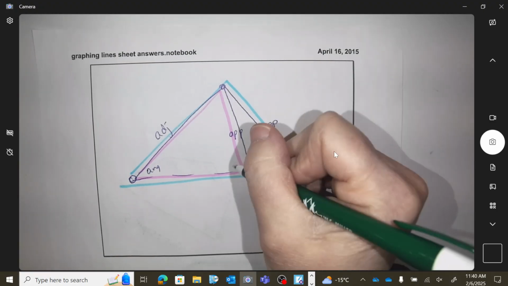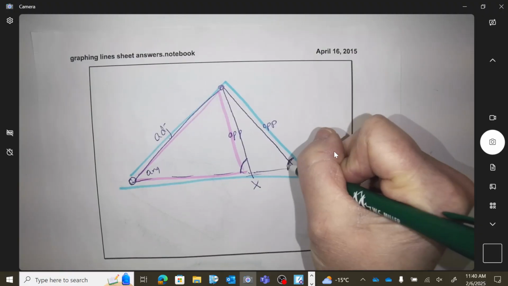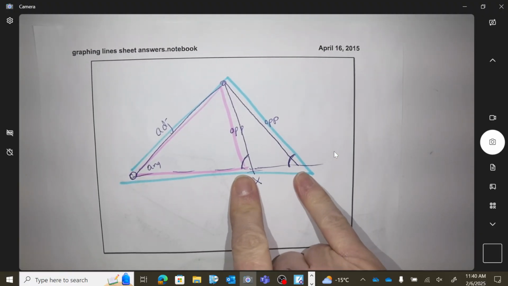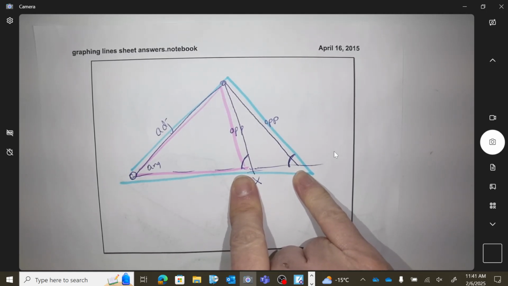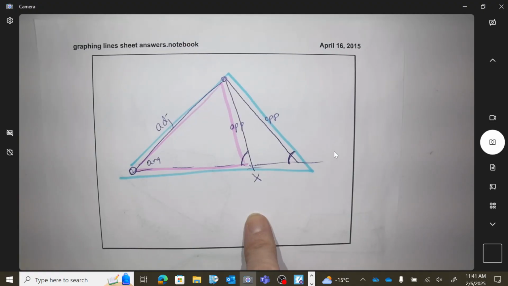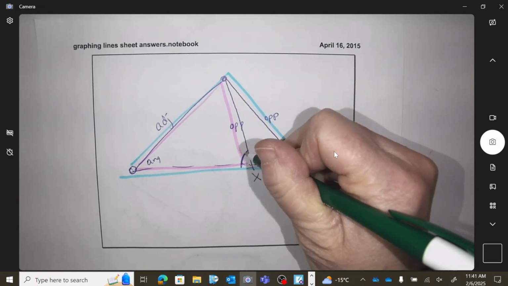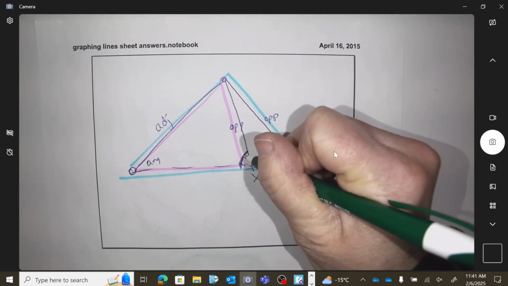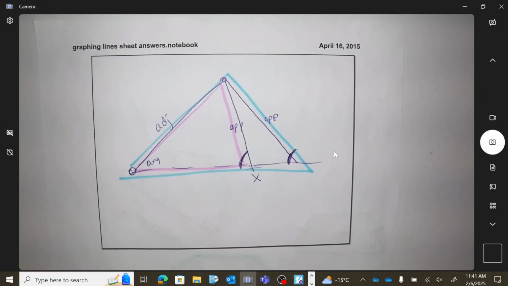Obtuse. What would you say about that angle? They're both acute. Can you make 180 degrees by adding acute plus acute? Would that ever work for you? No. So that's a drawing error. Do you see why then? Because this always has to add up to 180, and that wouldn't work out.